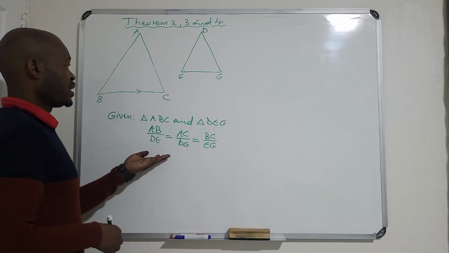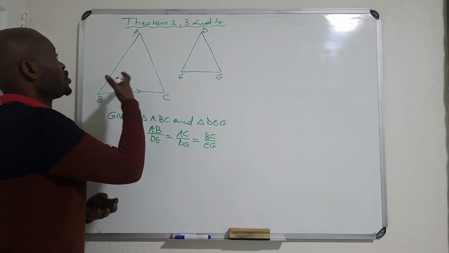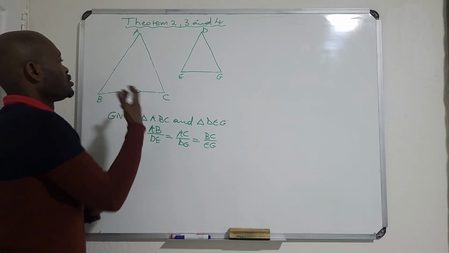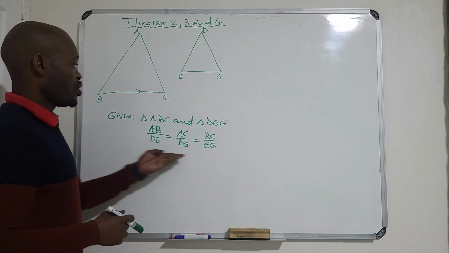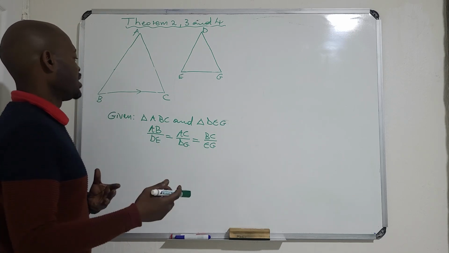This is what we are given, because the theorem states that when the corresponding sides of two triangles are in proportion, then they are similar.